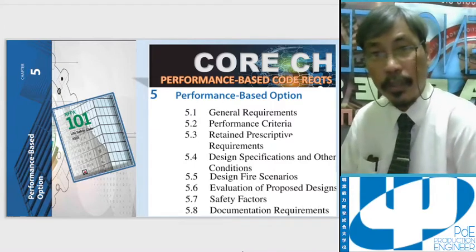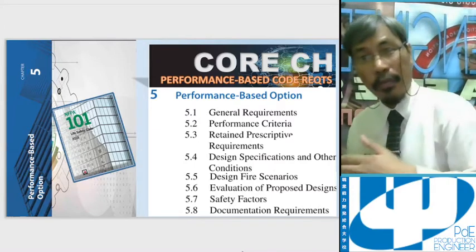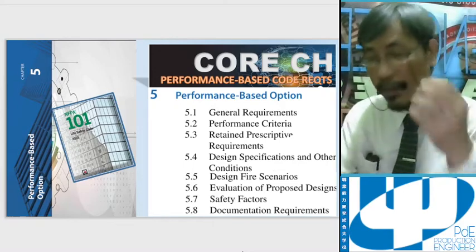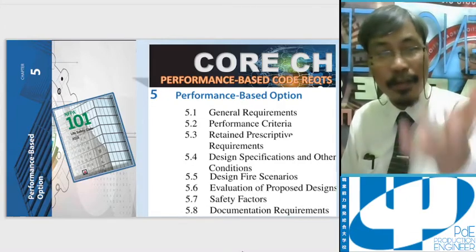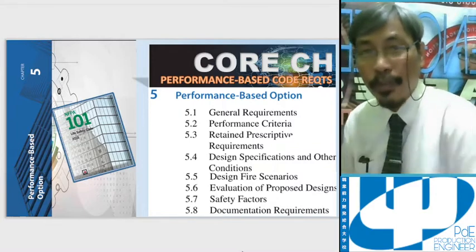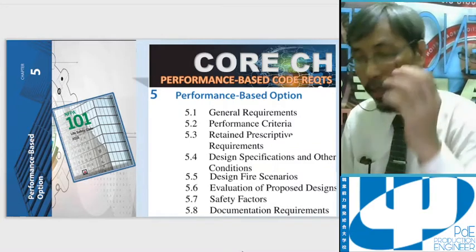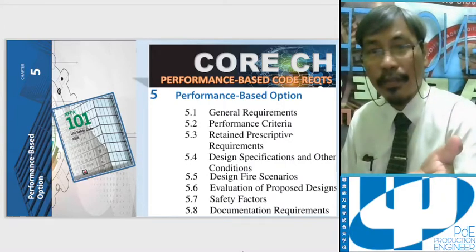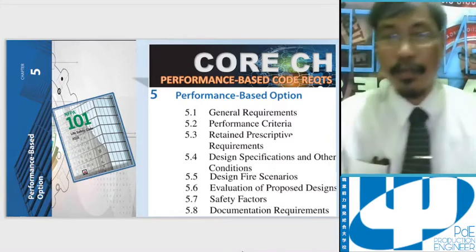Those who prescribe, not those who follow. Those who follow is just a user. That's why the code even uses the word user. The code is not using the word fire protection professional, but user. Right? Just user. You just have to follow what is written in the code.